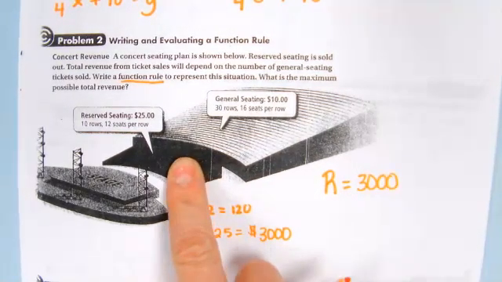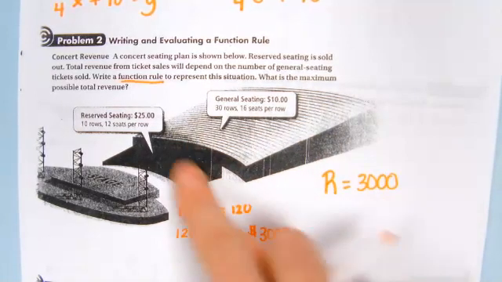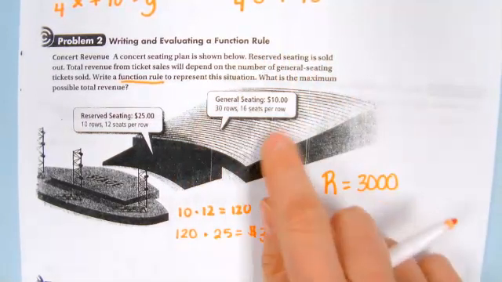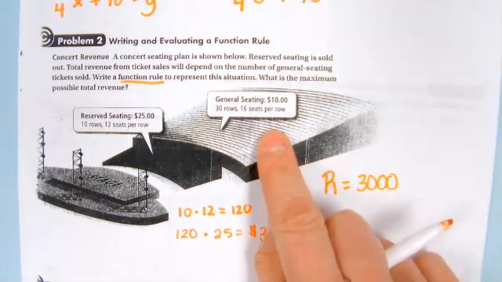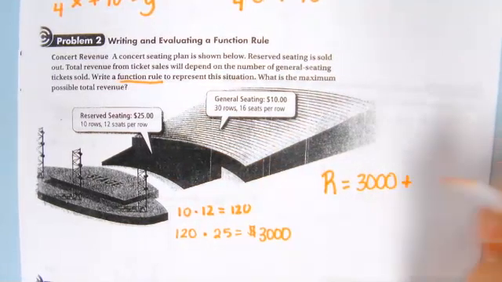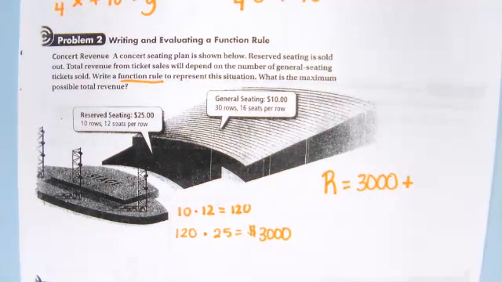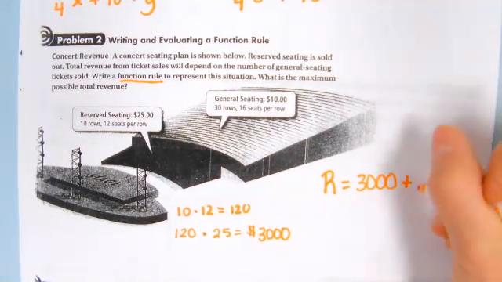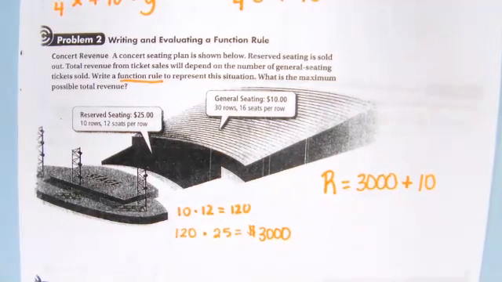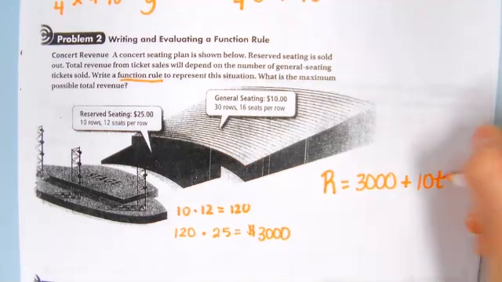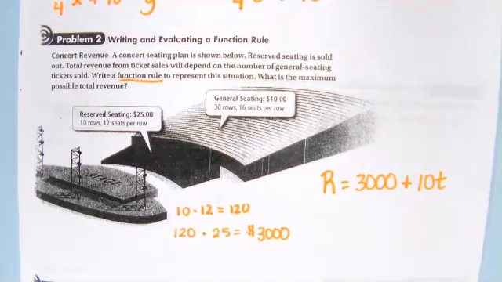That sold out. Are they going to add, subtract, multiply, or divide the next set of revenue? Add it. So plus, and how much are they making per seat? $10 per ticket that they sell, right? So that 10, what does that need? A variable, yeah. And you can pick anything. I'm going to put T for tickets, right? $10 per ticket. So that's right.